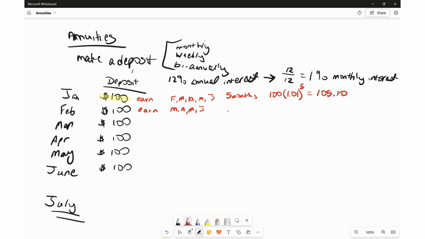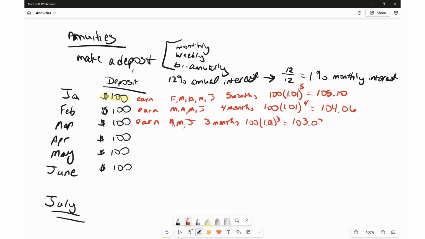So 4 months. So it's earning that 1% interest for 4 months. And we keep doing this. The money deposited in March will earn for April, May, and June, which is 3 months. Which is 103.03.